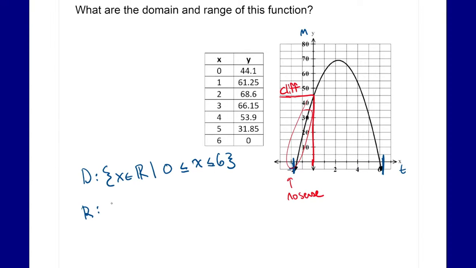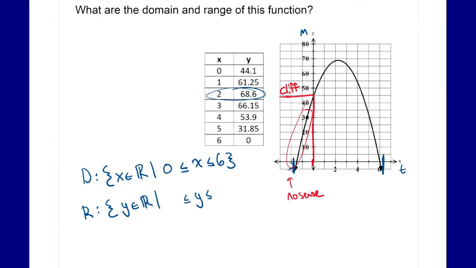The range: y is any real number given that, and what are the possible values for y? Hopefully we can easily see the highest value. I can even go to our table here and take a look at it.